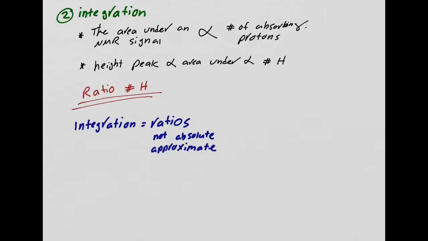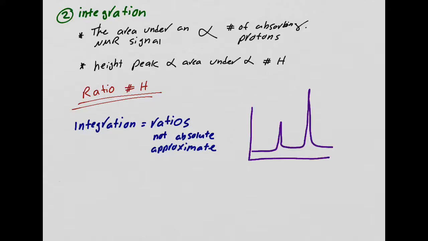Now, I want to give you an example so you know what I'm talking about, because what does it mean that they are ratios, not absolute, and approximate? Let's say this is my NMR. Okay, I like this example. So remember what we talked about: the height of the peak is proportional to the area under, and that is proportional to the number of hydrogen.